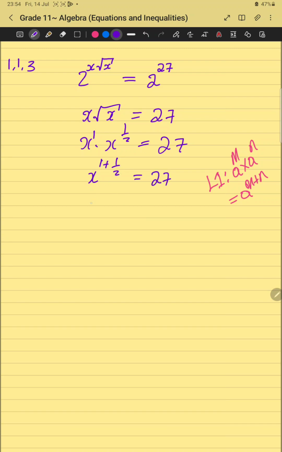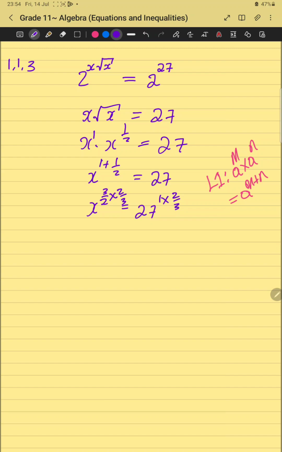So 1 plus 1 over 2 must be 3 over 2, equal to 27. And then we get rid of that exponent, 3 over 2, by multiplying by its inverse. The inverse of 3 over 2 is 2 over 3. So we do it on both sides, 2 over 3.